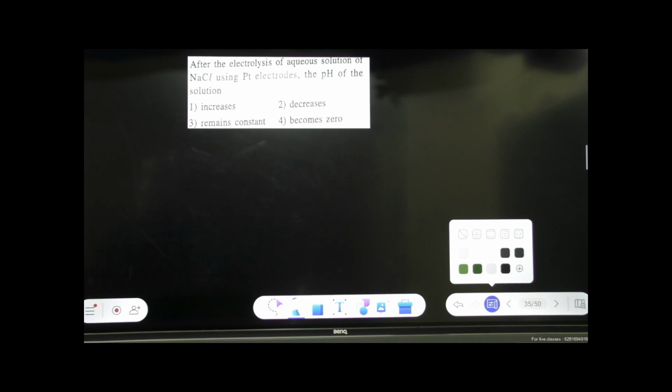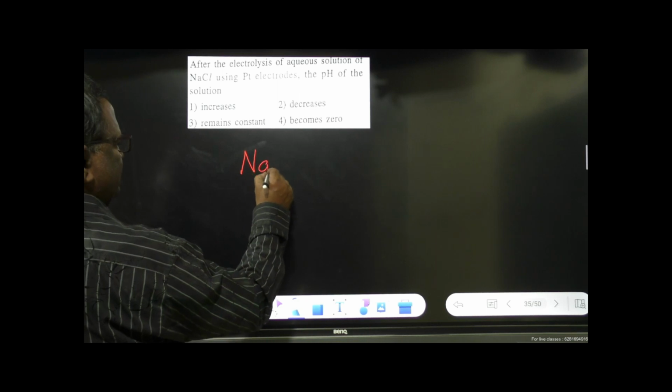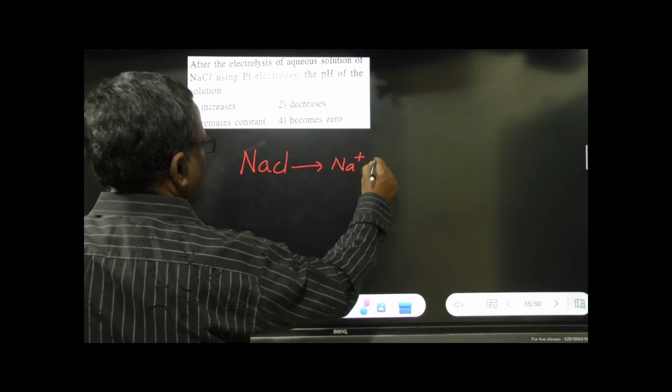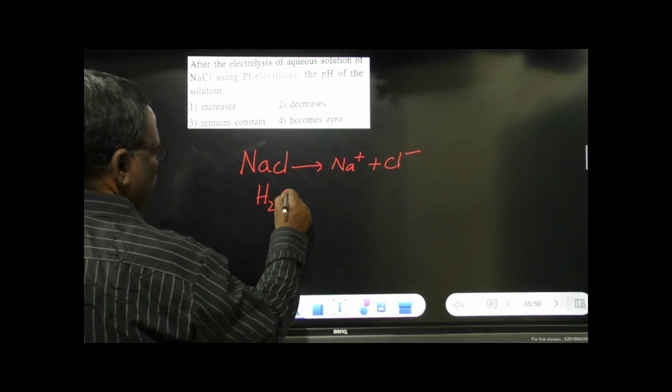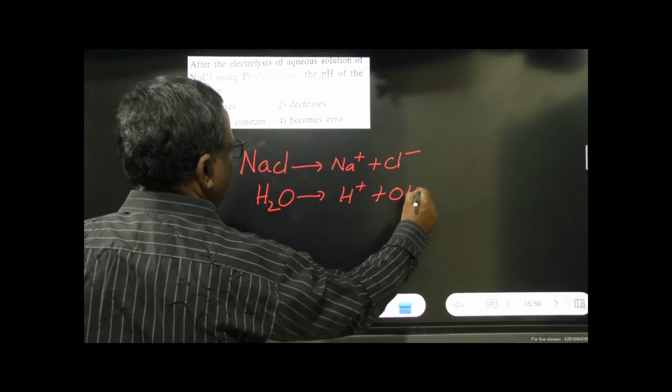After electrolysis of aqueous solution of NaCl using platinum electrodes, what is the pH of the solution? Aqueous solution of NaCl contains NaCl, which gives Na plus ions and Cl minus ions. Aqueous means water, H2O, which will have H plus ions and OH minus ions.